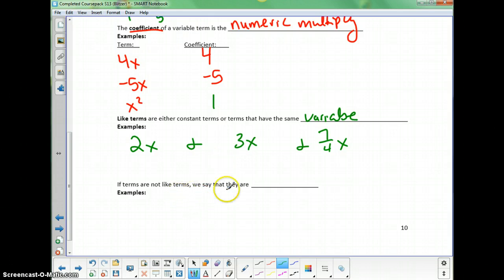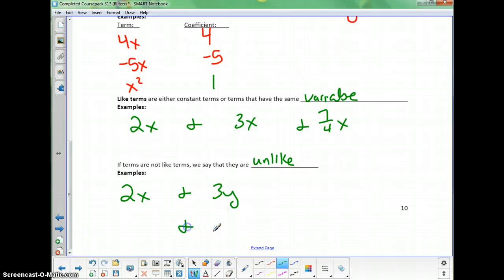If terms are not like, we say that they're unlike. Unlike terms would be, for example, 2x and 3y. Those are unlike because they have a different variable. And that's also unlike x squared. The variable part is not the same. The variable part in this one is x. The variable part in this one is x squared. Those are not the same thing, so those are unlike.